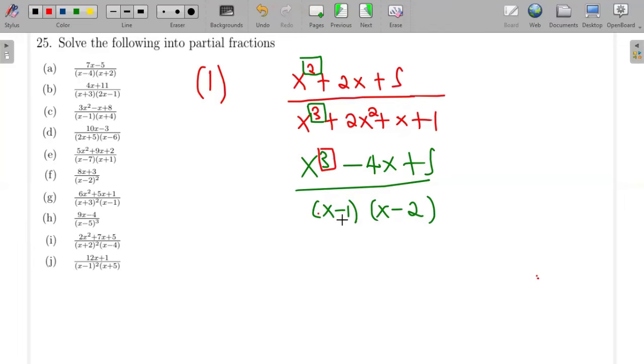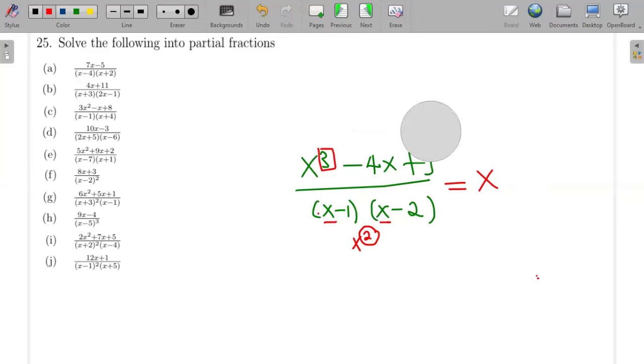I'll have to expand here to know it. It will be x multiplied by x, so that will be x squared. So we see that the highest power in the numerator is actually greater than the highest power in the denominator. Here, we can't proceed with the decomposition. First of all, I have to divide the expression using long division, and then what I get is what I'm going to decompose.